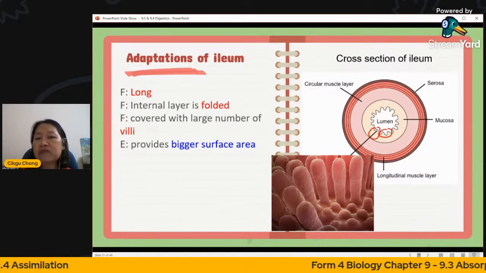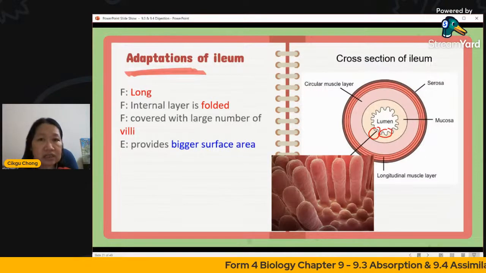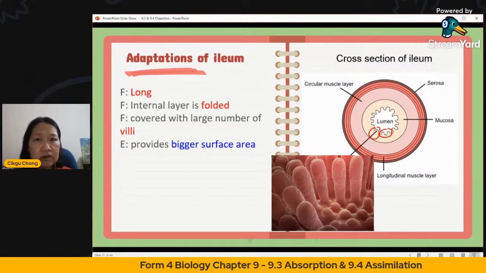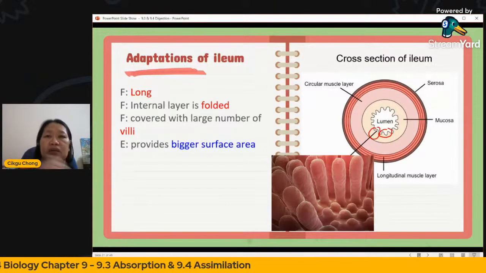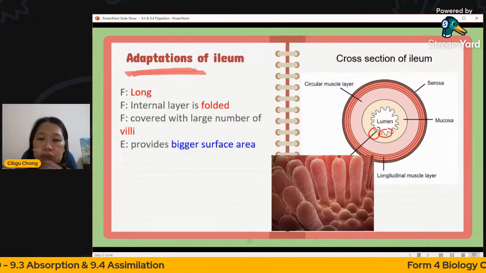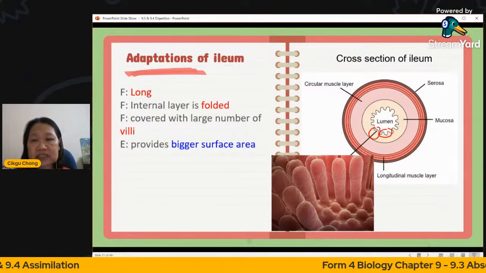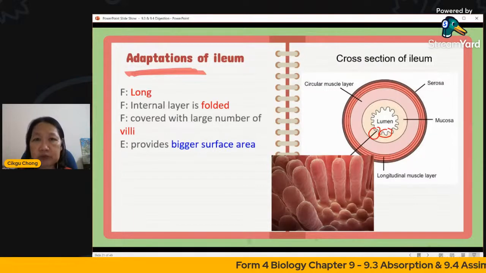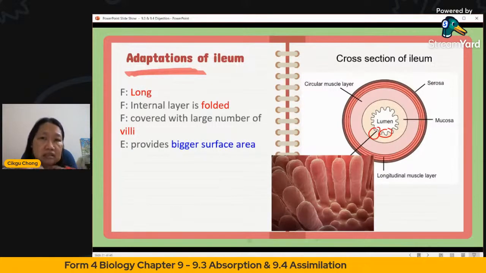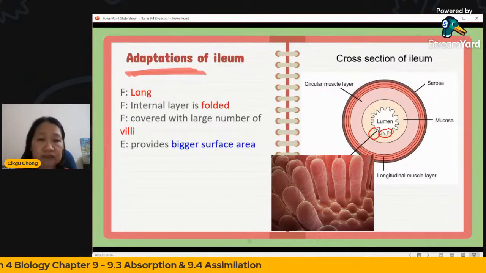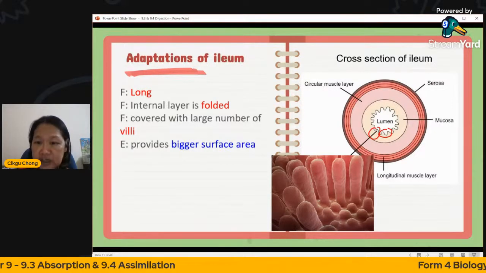And when you have a bigger surface area, as you learned earlier, there is more contact of the substance with the membrane. So the substance will be easily absorbed into the villi or the villus. It is to increase absorption, to make sure that all of the substance gets absorbed into the villi.